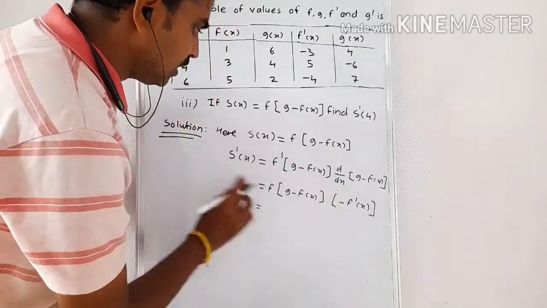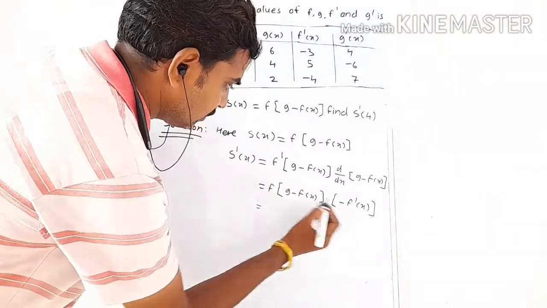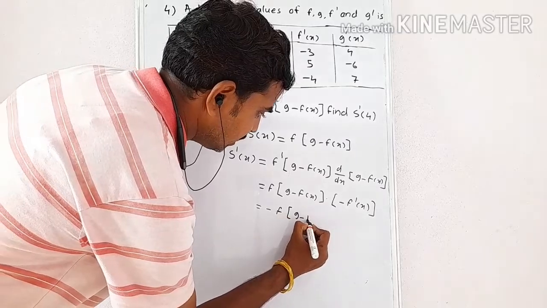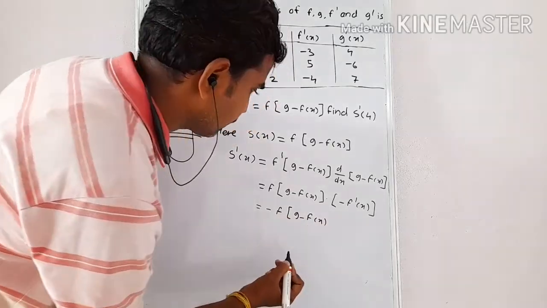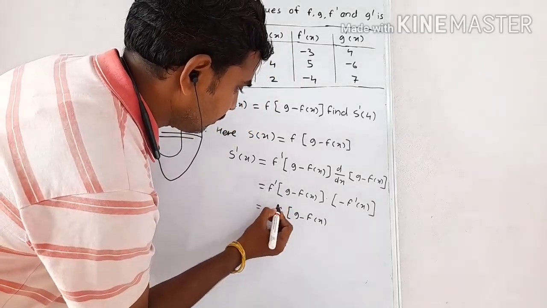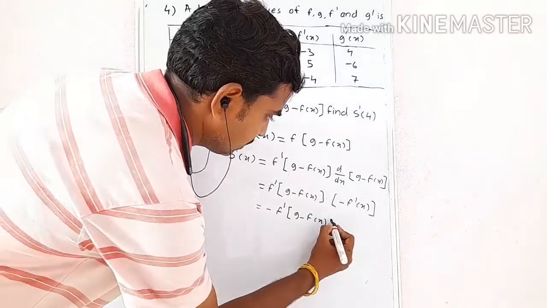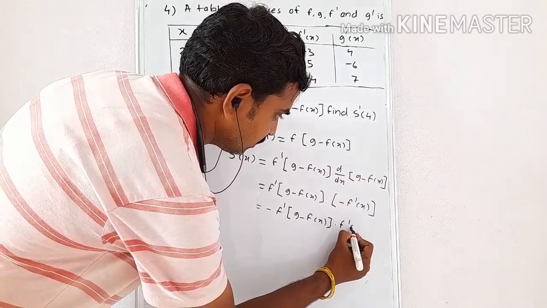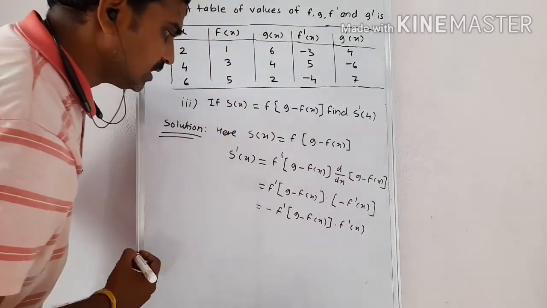This is the formula for s dash of x: minus f dash of 9 minus f of x into f dash of x.